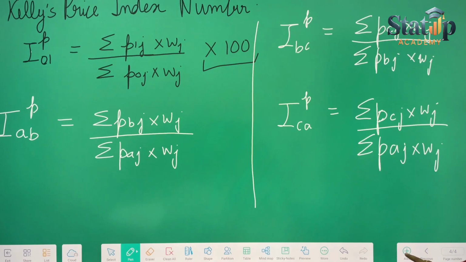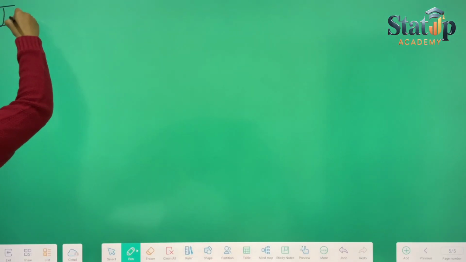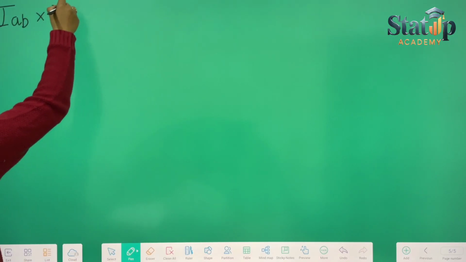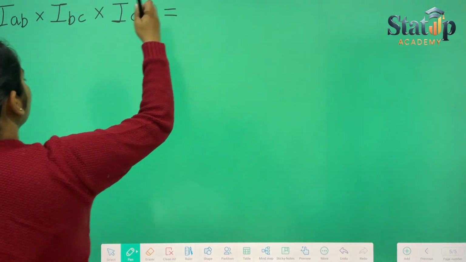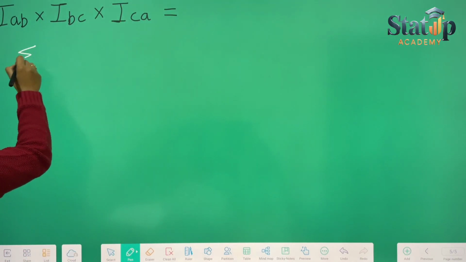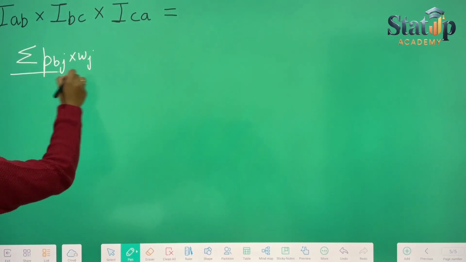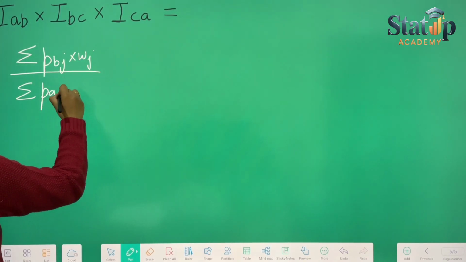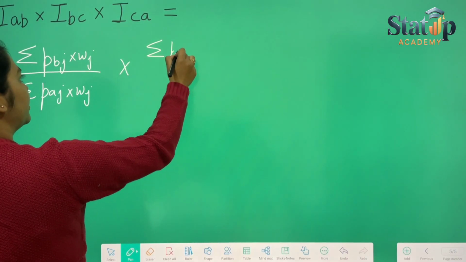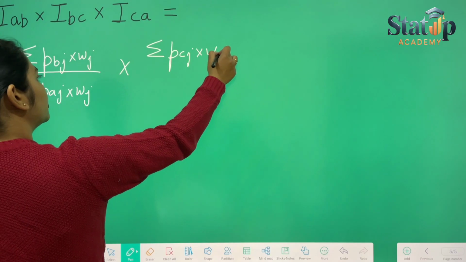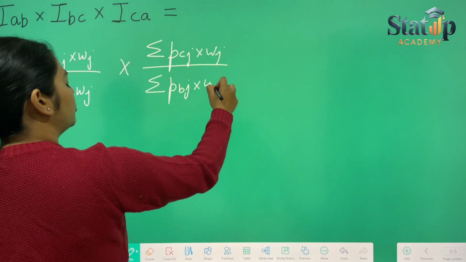Okay. Now we'll multiply them again by the formula of circular index number: IAB into IBC into ICA. If we multiply them, we will be getting summation of PBJ into WJ upon summation of PAJ into WJ, then multiplied by summation PCJ into WJ upon summation PBJ into WJ.